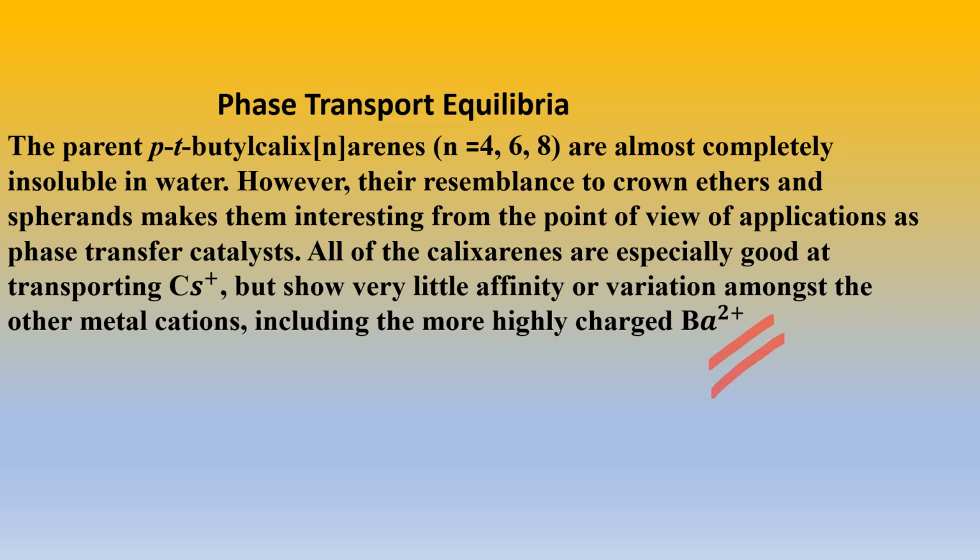So cesium will be monopositive, barium will be dipositive. It will not have that much effective way of transporting the barium 2 plus from one place to another place, from one medium to another medium. At the same time, it can effectively transport the cesium and other monopositive cations.